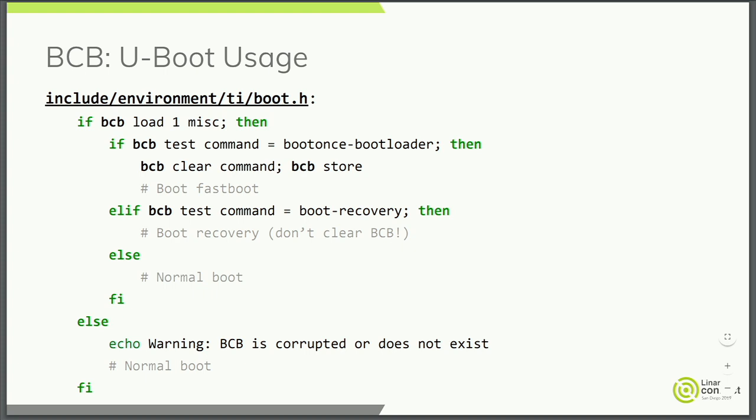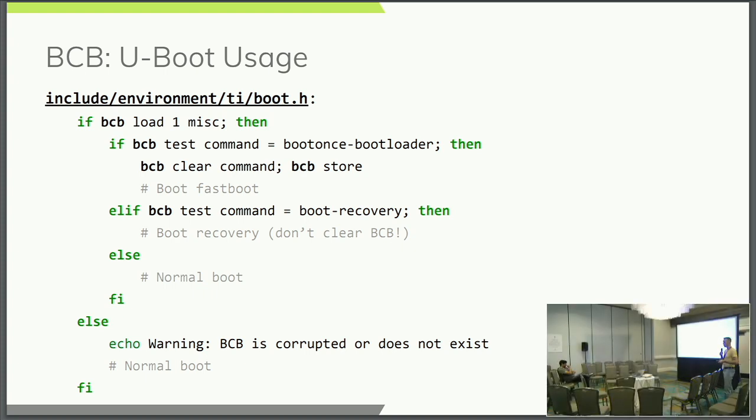And the way we are using it in U-Boot for the X15 board is like this. It's the U-Boot shell, and it resembles a bash script. We are loading BCB, then testing if we have the reboot reason boot-bootloader. If so, we are entering fastboot mode and clearing BCB and storing.